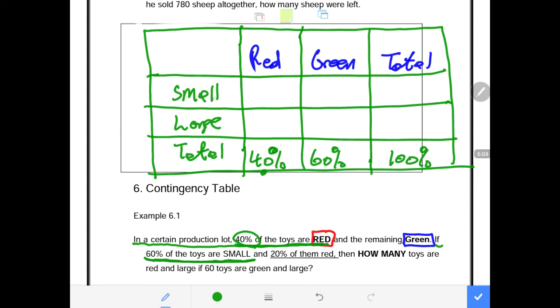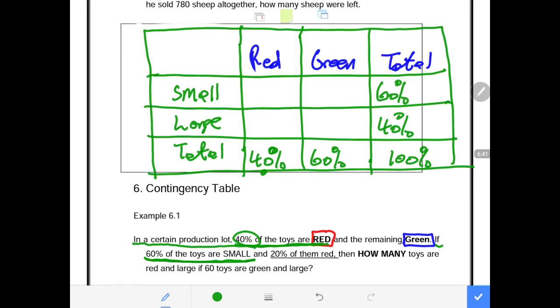They did not say red or green, they just said 60% of the toys are small. So if 60% of the toys are small, that means 40% of the toys are large, obviously, because we only have two sizes in this case, small and large. If 60% is small, then the remainder will be large.